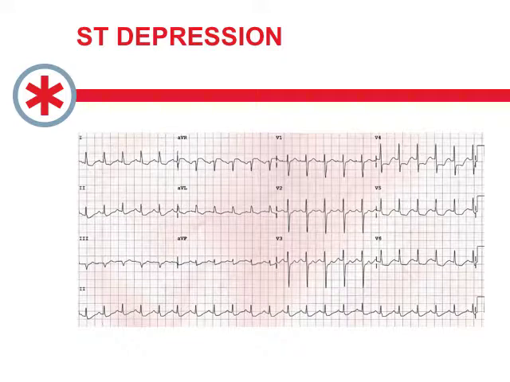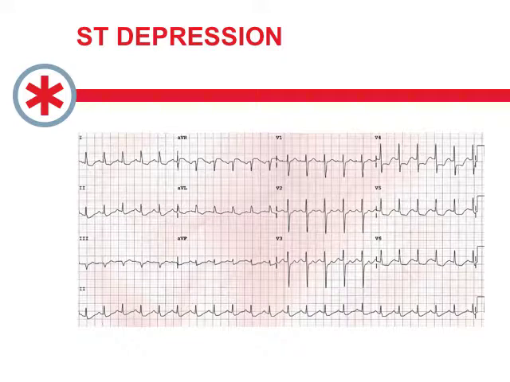One thing that I found interesting about ST depression, and something I guess I didn't know in the past, although interestingly enough, it's probably just something I never learned, is that ST depression actually does not localize. So when I say that, when we think about ST elevation MIs, we can often figure out what area it's occurring in, whether it's lateral, whether it's posterior, whether it's inferior, just by looking at where on the ECG those changes are.